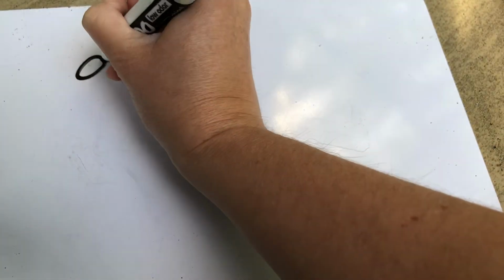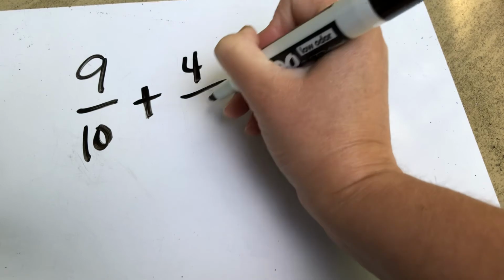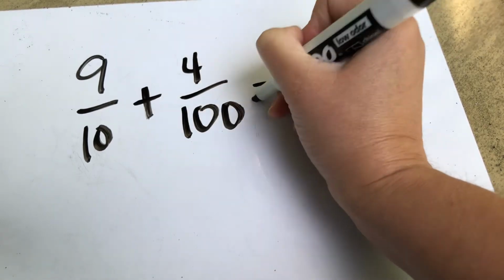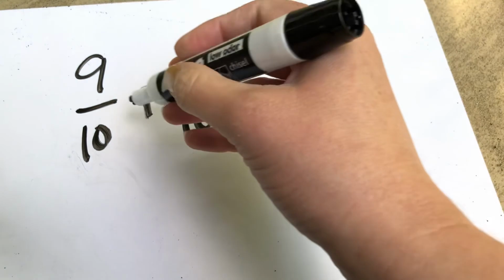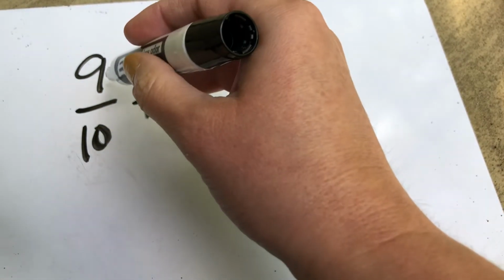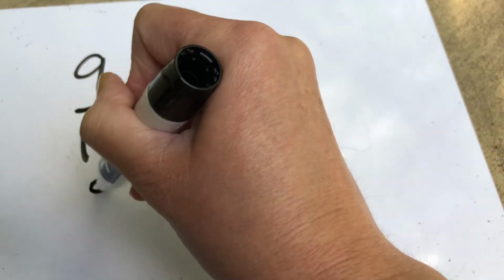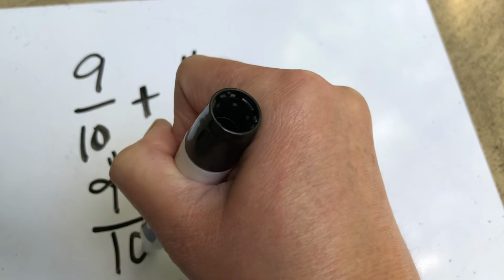What about 9/10 plus 4 100ths? You've got to have the same denominator in order to add. So why don't we convert 9/10 to 100? So we say 9 times 10 is 90. 10 times 10 is 100.